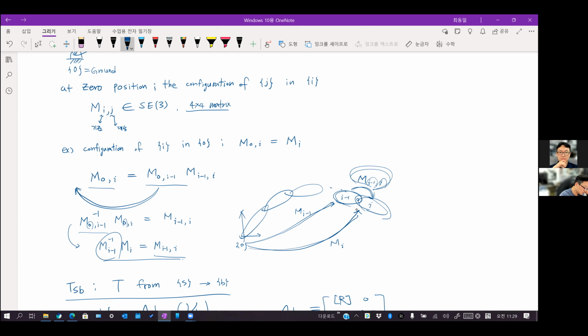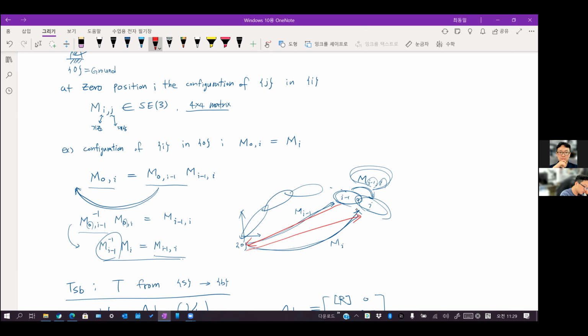So this configuration actually expresses this one, because this one is inverse, and then we go from 0 to here again.